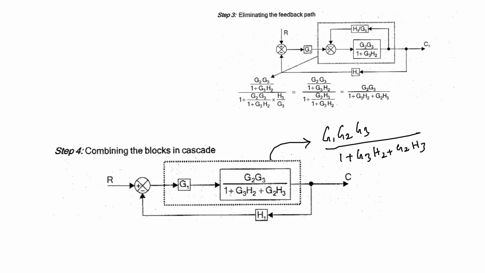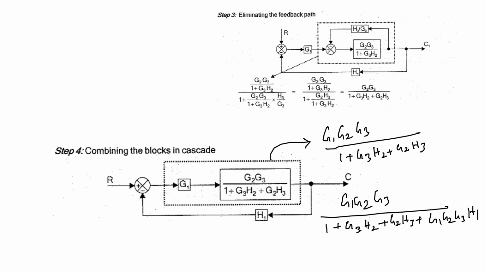Now that block will be forming a closed loop, with inner loop H1 and outer loop H1. So I can combine that by eliminating the feedback: G1 G2 G3 divided by 1 plus G3H2 plus G2H3 plus the forward path G1 G2 G3 into the feedback H1.